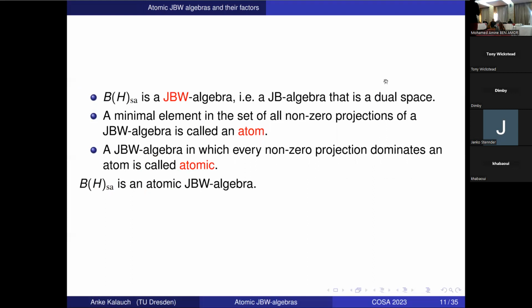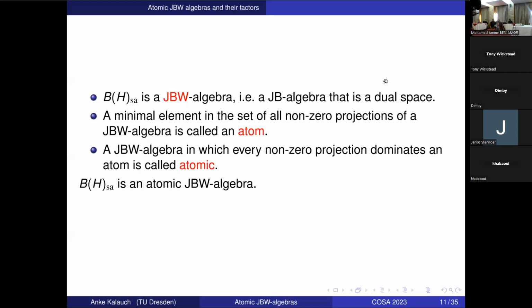So back to our space B of H, the self-adjoint part of it. We have more structure, it is a JBW algebra. That means, shortly speaking, it's a dual space. And we need so-called atoms.